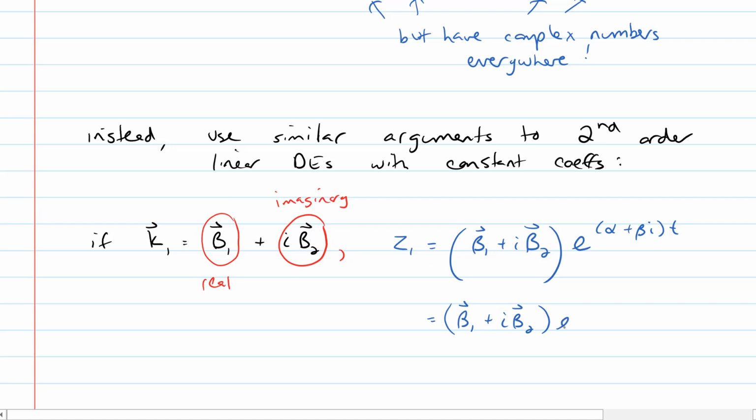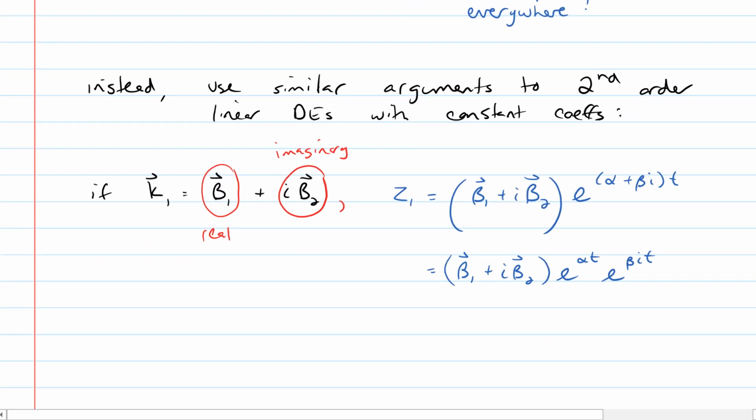And then I'm just going to rewrite this as e to the alpha t and then e to the beta i t, using a nice little property of exponents here. And I'm going to pull the e to the alpha t out front.